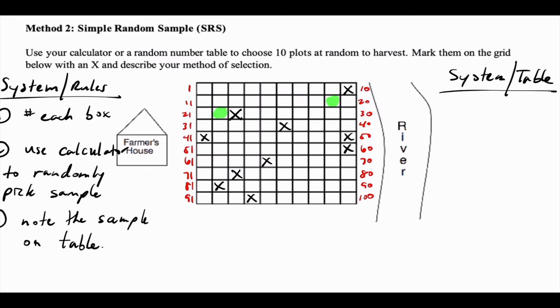Well, the first thing I did was I numbered each box. So the first thing I did was number each plot or box. Gave every box a number. The second thing I did was went to the table. You know what? I should put what I numbered them. I numbered them 00 to 99.